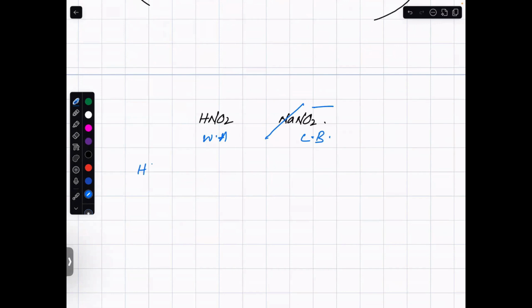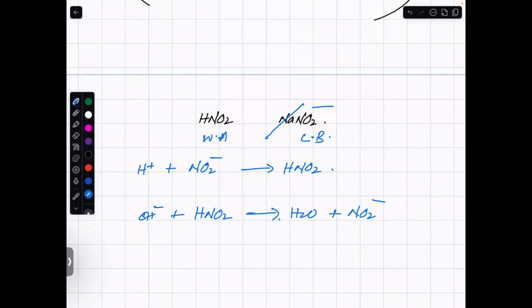H plus will react with the conjugate base, accepting it, so it is no more part of the solution. And the OH will be neutralized by HNO2, which will give H plus, making water and NO2 negative.